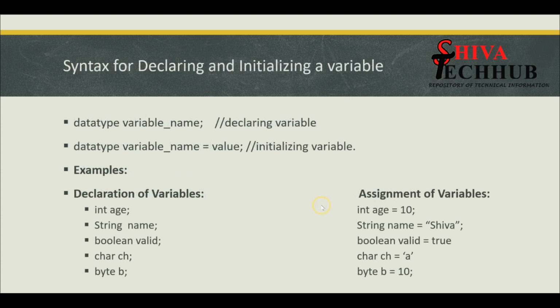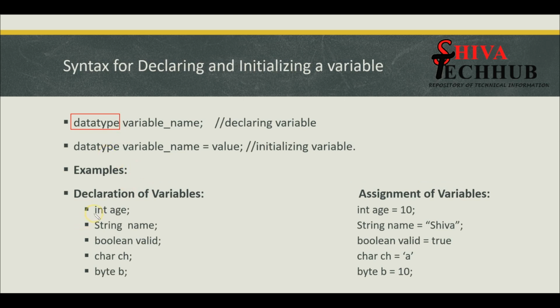Now, there are two things we can do with a variable in a class. We can just declare a variable and leave it, and assign it at a later point in the program, or at the time of declaration itself we can assign a value, which is called initializing a variable. If we look at the syntax, first it has a data type, which is the type of the data.